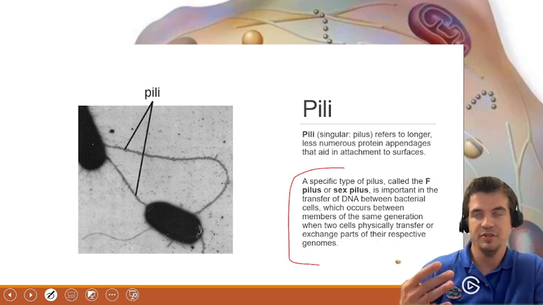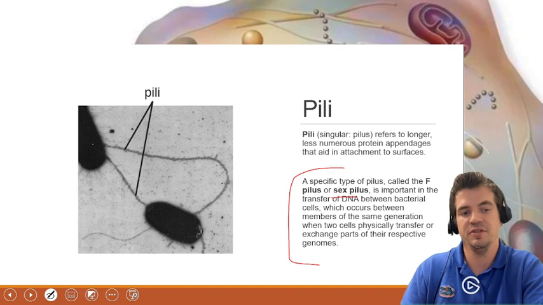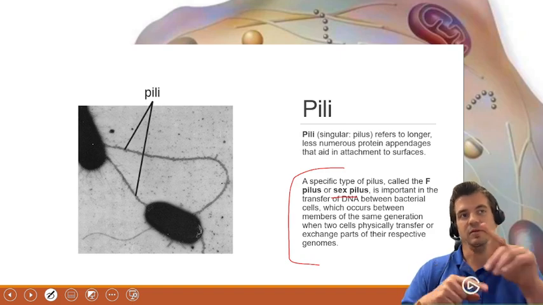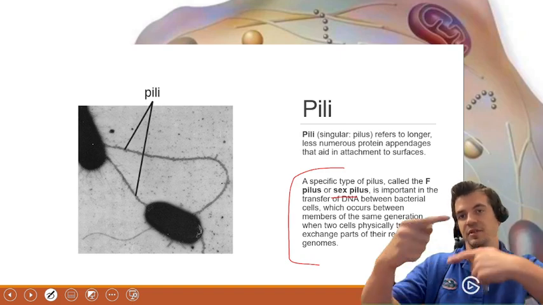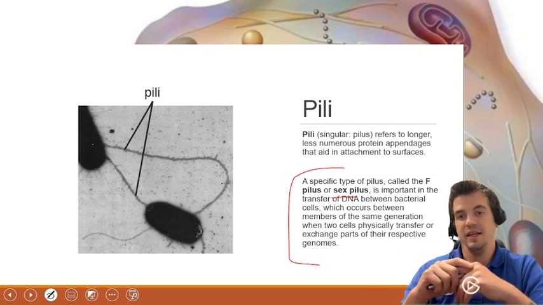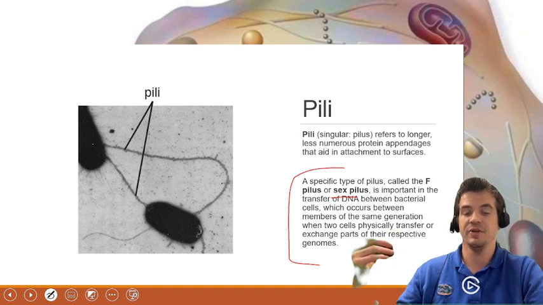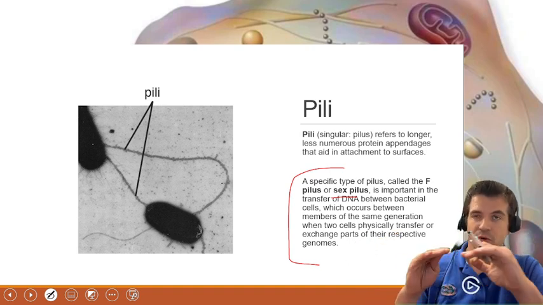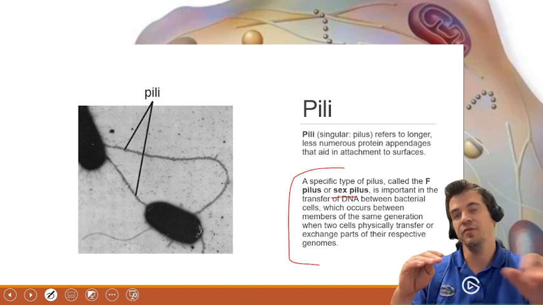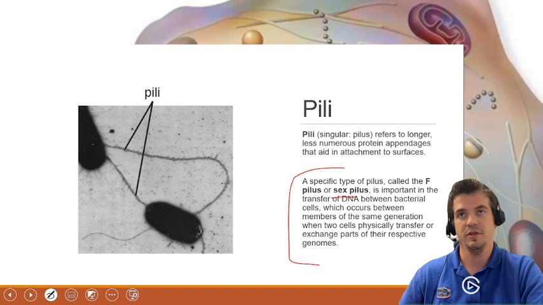It's just transferring DNA from one to the next via what we call a sex pilus or an F pilus. The DNA is actually copied as it goes into the next one, and the idea is that 9 times out of 10 or 99 out of 100, the whole DNA isn't copied over, only pieces are, and that helps lend to the bacterial adaptations that we see.